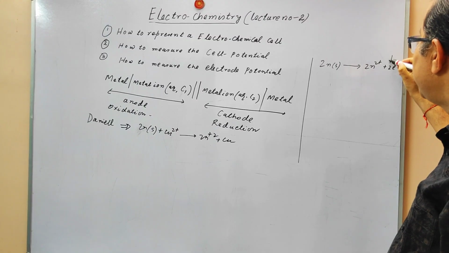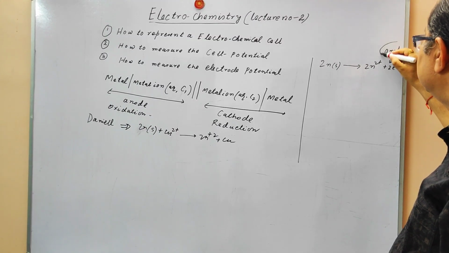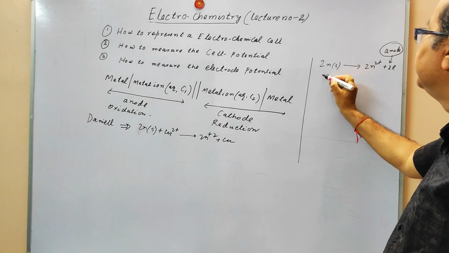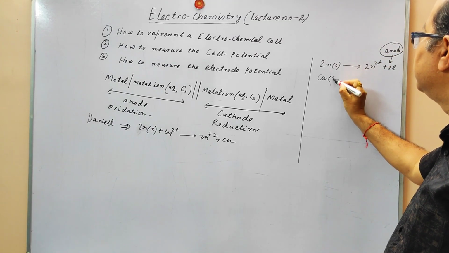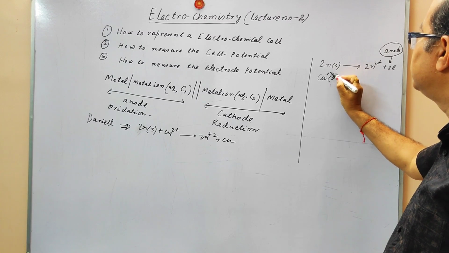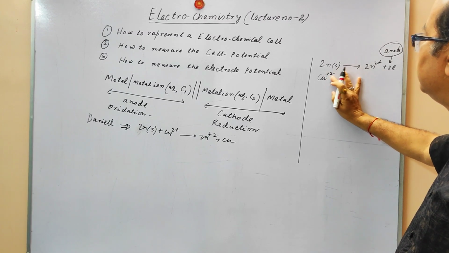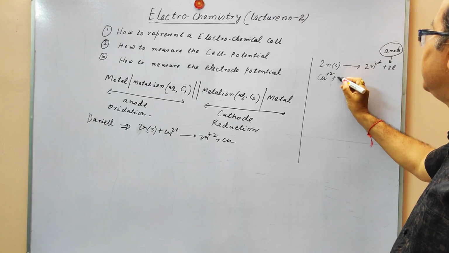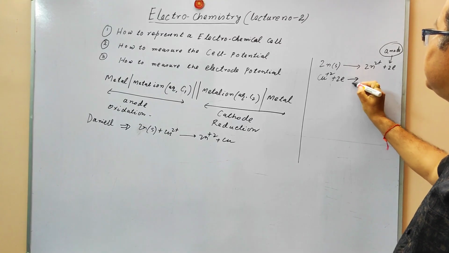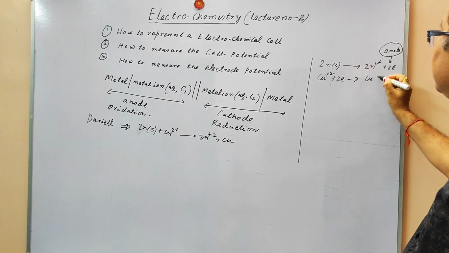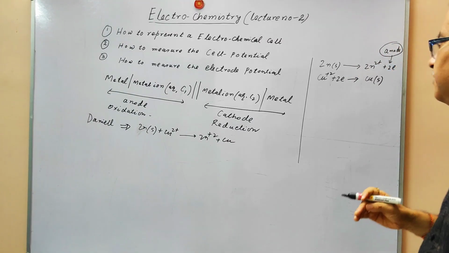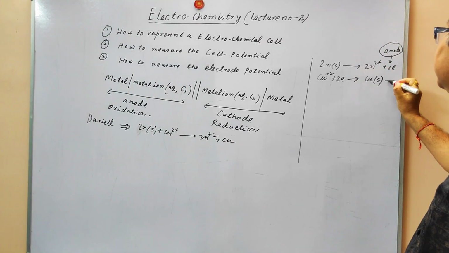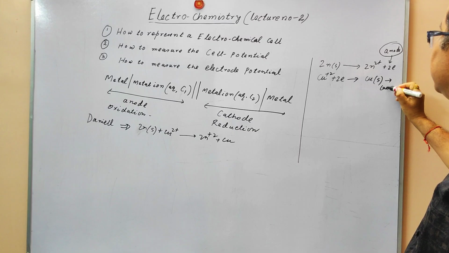This is the reaction at the anode. And here copper 2 plus accepts the 2 electrons and copper is deposited on the copper rod. This is the cathode reaction.